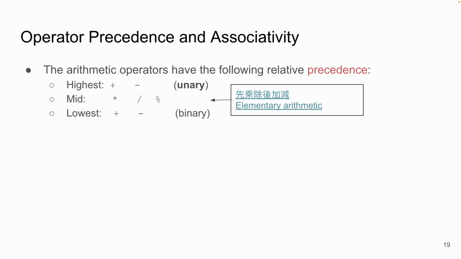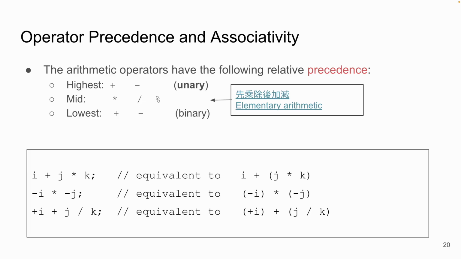So for the arithmetic operators, they have the following relative precedence. So the highest precedence is here. This is the mid-level precedence here, and here is the lowest precedence. So if we have a high precedence, that means that we should calculate those operators first. So let's check out this case here.